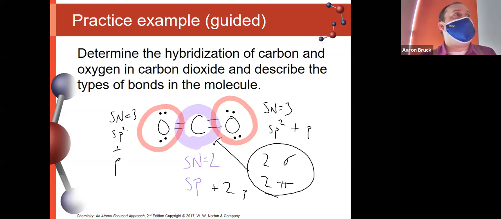So technically, we can determine the hybridization for any atom in any molecule. However, generally speaking, we're most interested in the hybridization on the center atom because that's what's going to dictate the shape of the molecule. But technically speaking, and that's where this gets really interesting, all of these have shapes along the way.